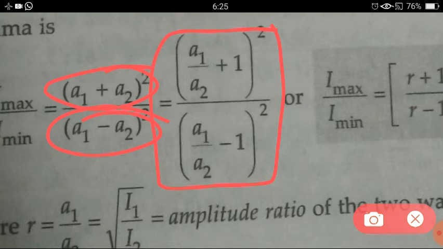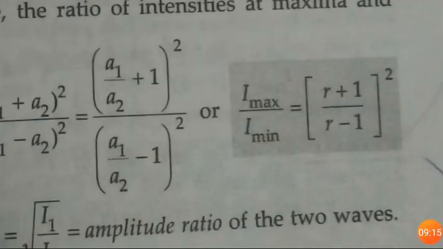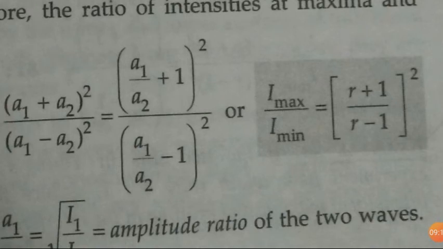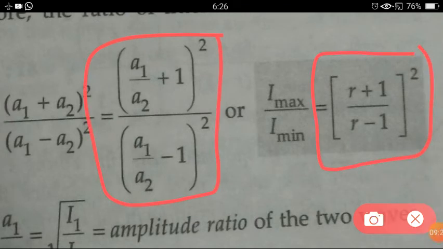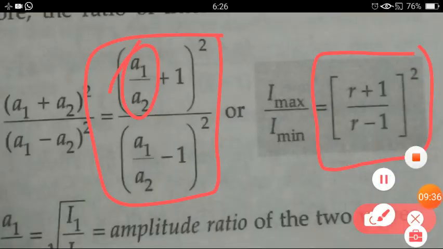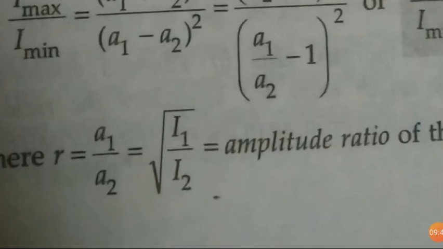We can also write this formula like this: r plus 1 upon r minus 1 whole square, where r equals A1 upon A2.